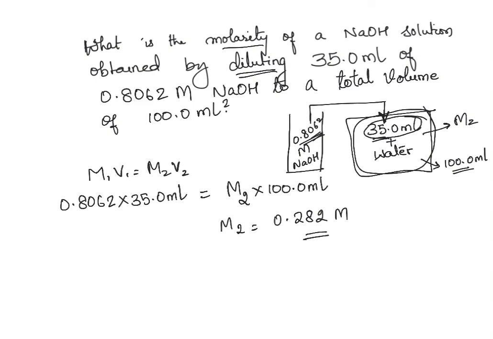Okay, now it kind of makes sense, right? This is a concentrated solution with a higher molarity, 0.8062, and the diluted solution has a lower molarity or lower concentration. So if the value of M is larger, it is concentrated, and if the value of M is lower, it is diluted.